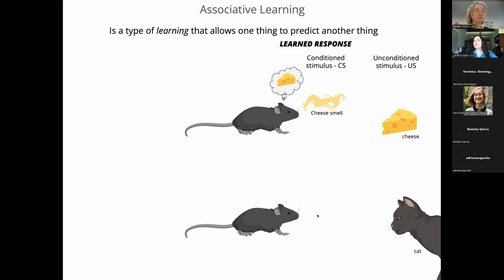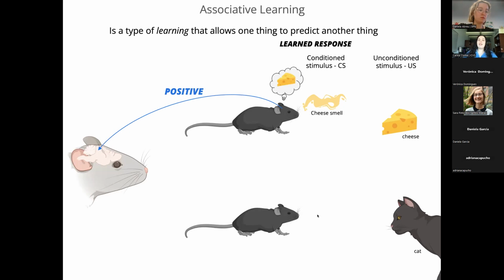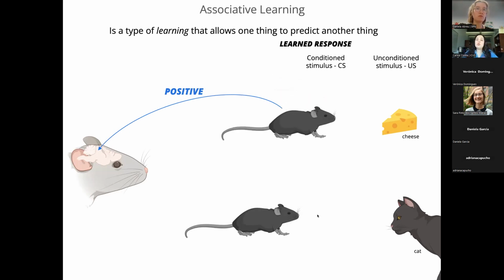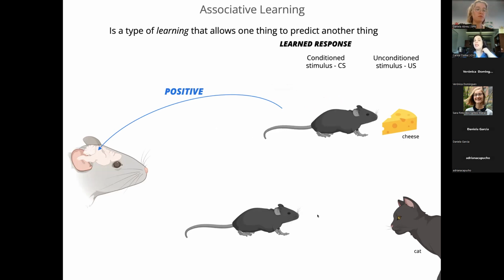In the case of the cheese, if the animal is hungry and it smells something similar to cheese, it knows that it can seek it, and this will again be a positive signal to the brain, and this will result in approach behavior. So the animal will actively look for the reward.